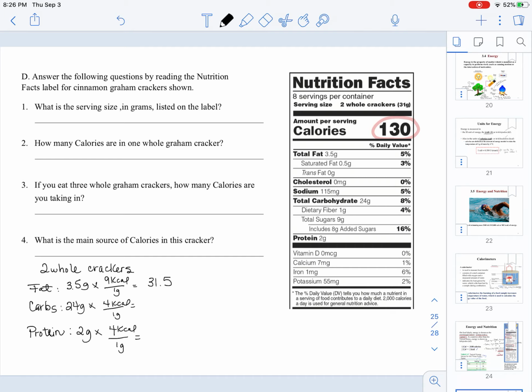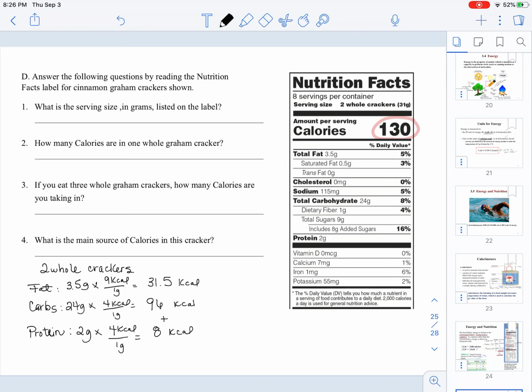Then we do 24 times 4. That is 96. And lastly, 2 times 4, that's 8. And again, the units here are kilocalories or nutritional calories because they are the same.